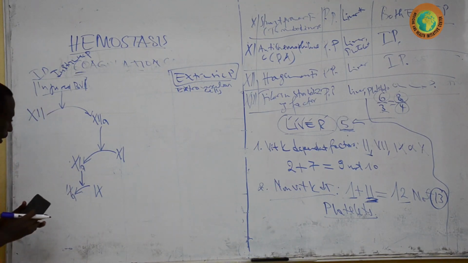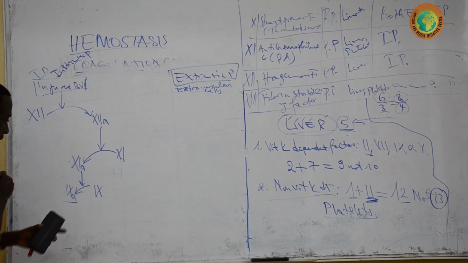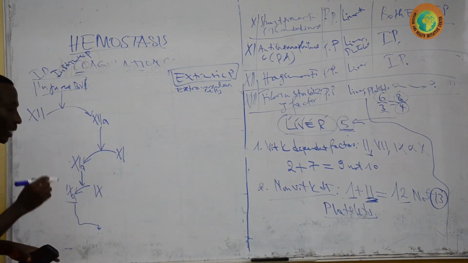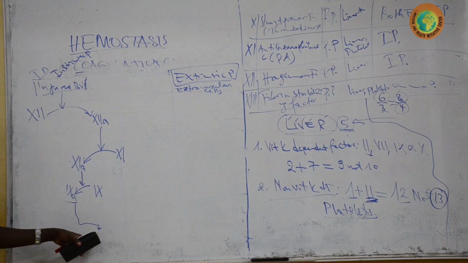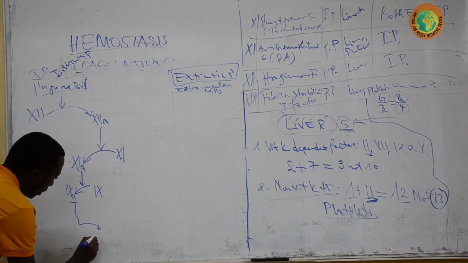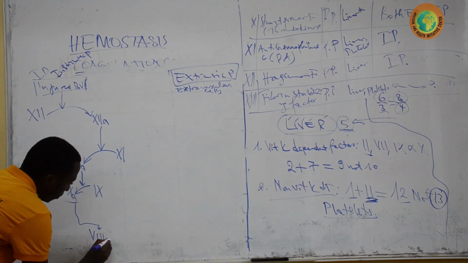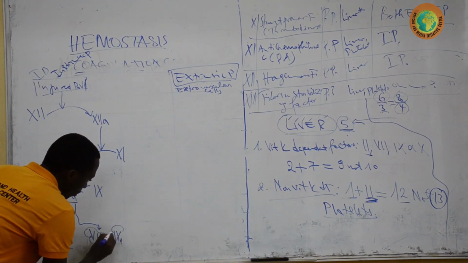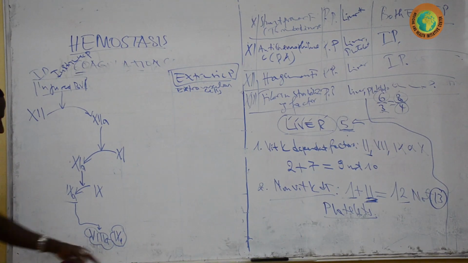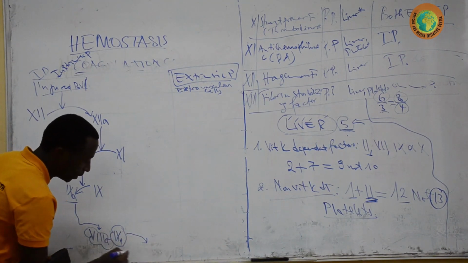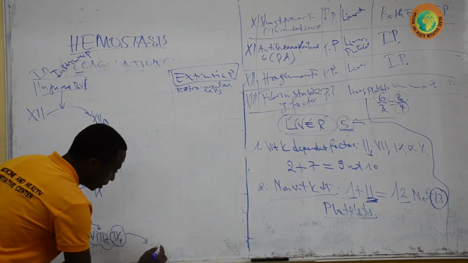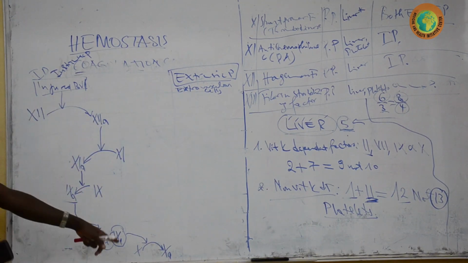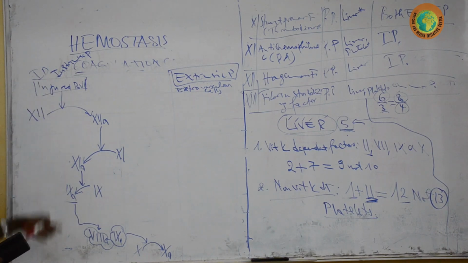This factor 9 forms a complex with activated factor 8, by protein C and S, and this complex is able to activate factor 10. This is the intrinsic pathway of the coagulation cascade.